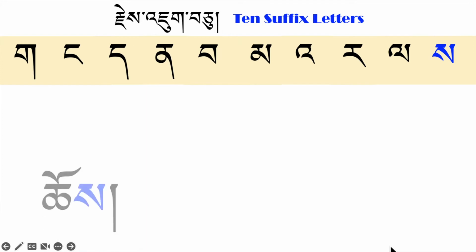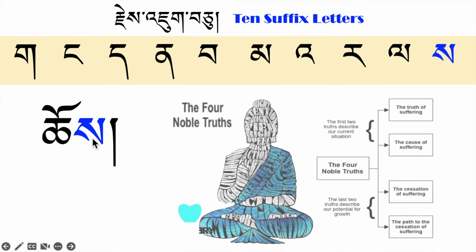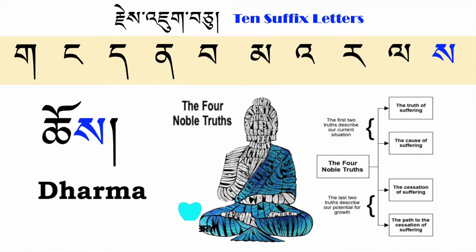Next one, cha naro cho, sa, che. Che meaning is dharma. The Sanskrit word is dharma, and in Tibetan che, the meaning is truth.